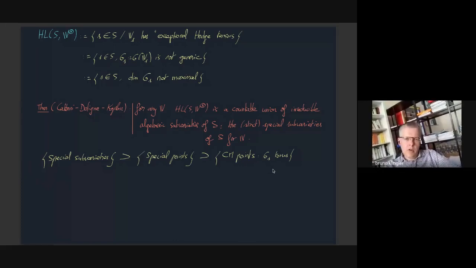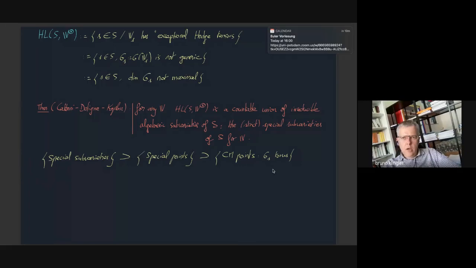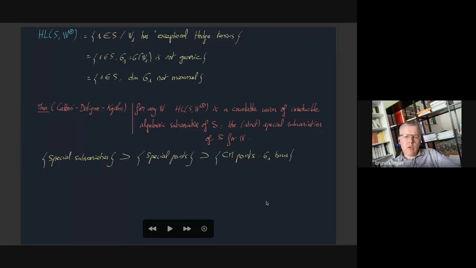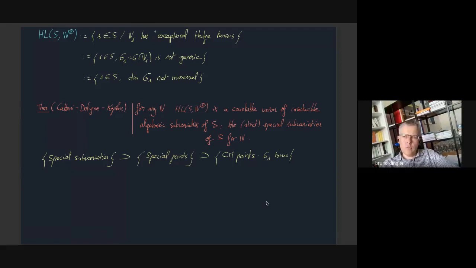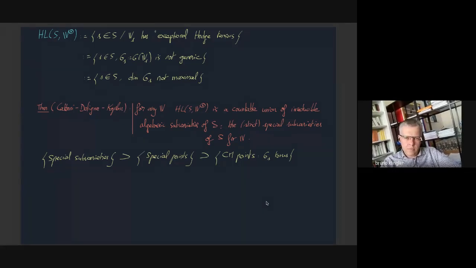These are the special points. And inside the special points, you have very peculiar ones, which are even more special, which are the CM points, and which correspond to the case where the Mumford-Tate group at that point is a torus, so the smallest possible reductive group, a torus.